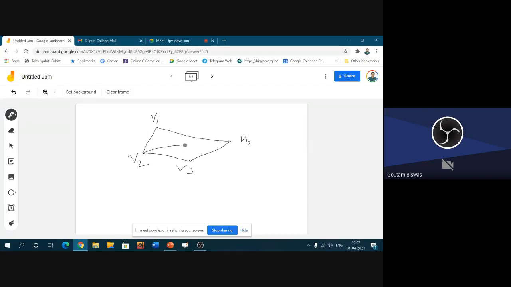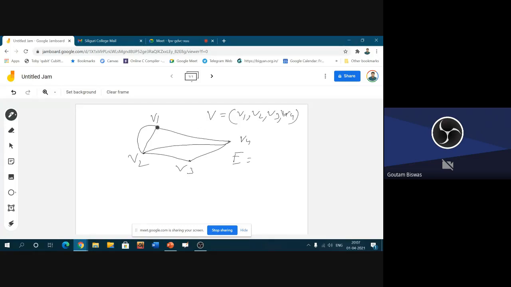It may be joined here, and here also it may be joined by another line. So the set V here is V1, V2, V3, V4.